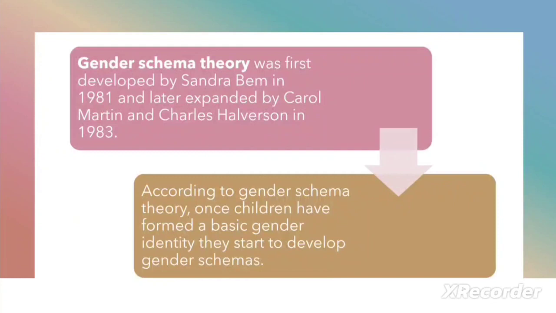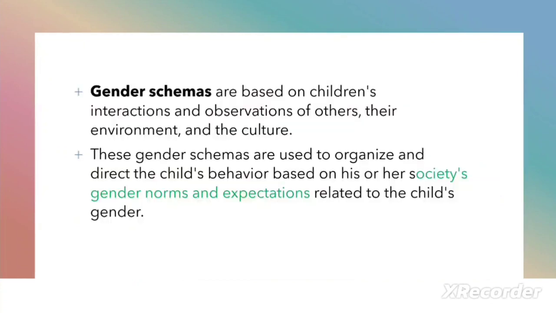As I said before, this theory was developed by Sandra Bem in 1981, and later it was improved and expanded by Carol Martin and Charles Halverson in 1983. According to this theory, once a child forms their basic understanding of gender identity, they start to develop their own gender related schemas. These gender schemas are based upon the children's interaction and observation of others in their environment and culture, and are used to organize and direct the children's behavior based on the information they gather through their society's gender norms and expectations.